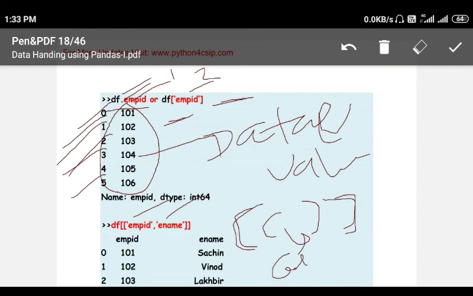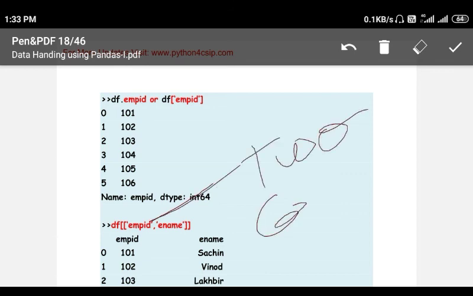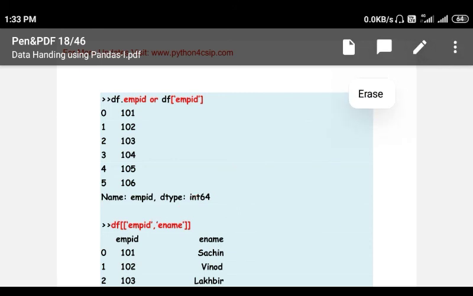I have given two columns here, employee id and employee name, and this is the index. So two columns can be accessed using this notation. In this way we can extract a subset or selected values from the data frame.